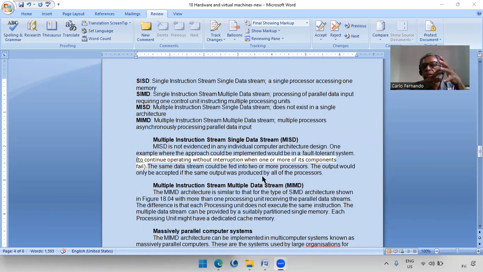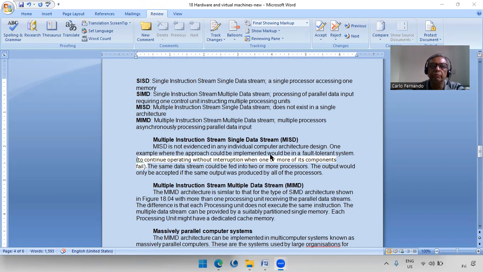This is not limited to MISD or a CPU. It's a general term, and any other machine can have it. Just because one component fails, the whole operation will not come to a halt. That is what you call a fault-tolerant system.